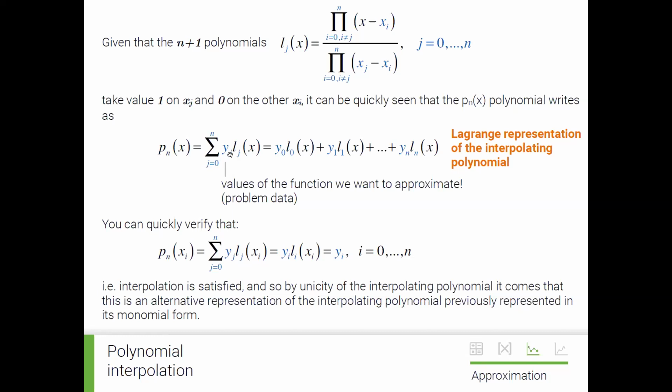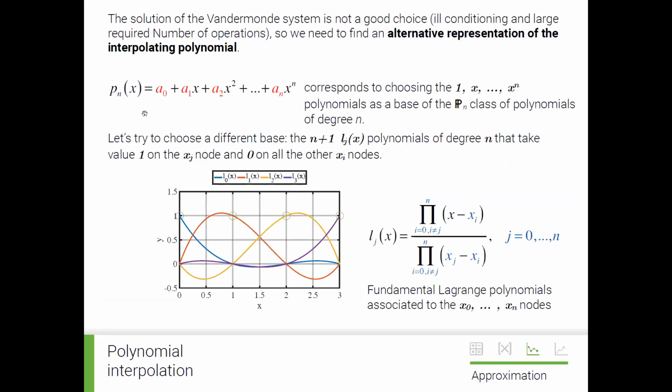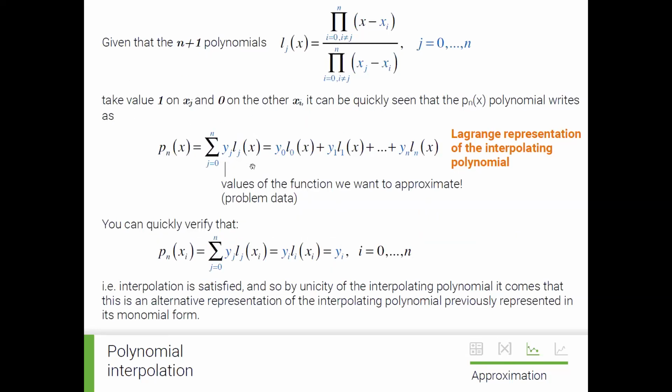So we wrote our polynomial Pn of x in this form with the sum, using our Lj functions. This is called the Lagrange representation of the interpolating polynomial.